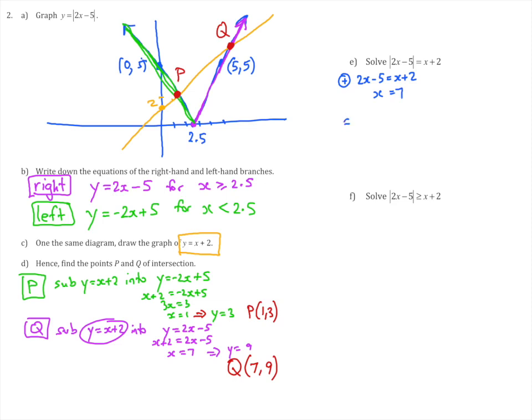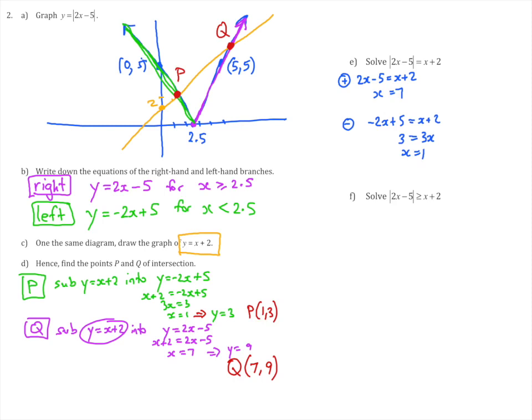For the minus case, minus 2x plus 5 equals x plus 2, plus 2x to both sides, minus 2 to both sides, and I get x equals 1. Now that actually makes sense. X is 1, x is 7. Look at the x values of the points P and Q, 1 and 7. So that actually validates that as well.